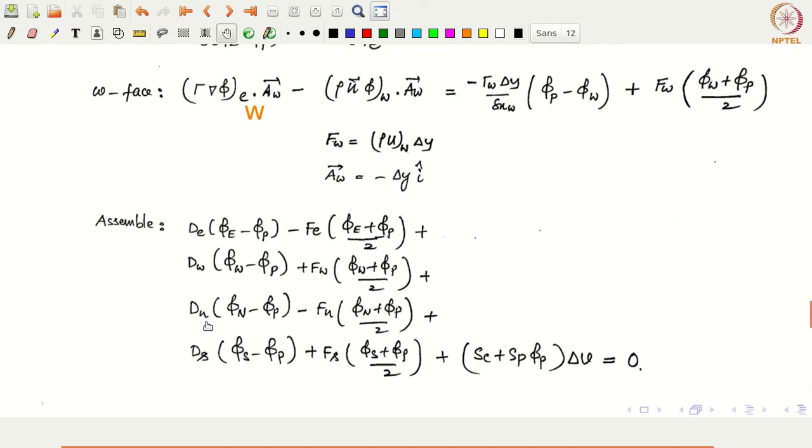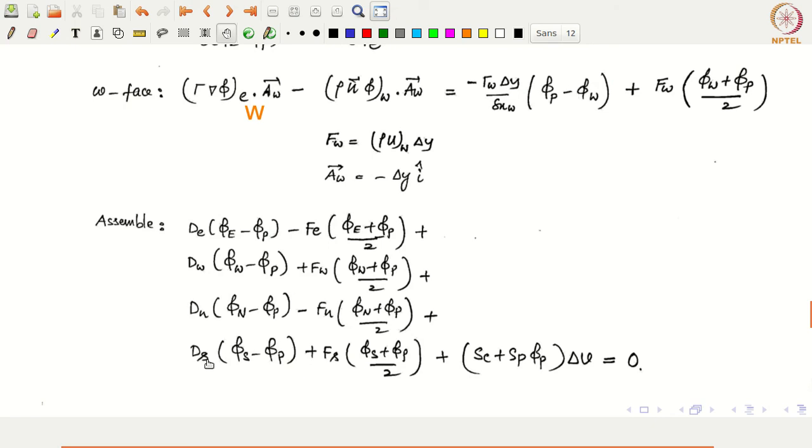The north would be d north times (phi north minus phi p) minus f north times (phi north plus phi p)/2, plus what would be the quantity for south? South also would come out to be minus gamma delta x by del y south, but I would write it with a plus with these two flipped.